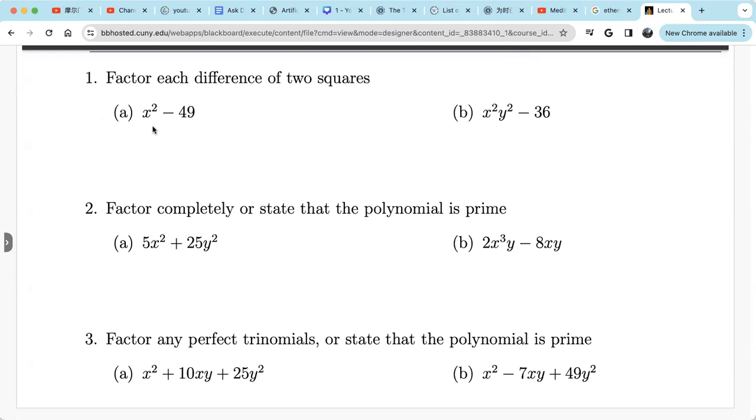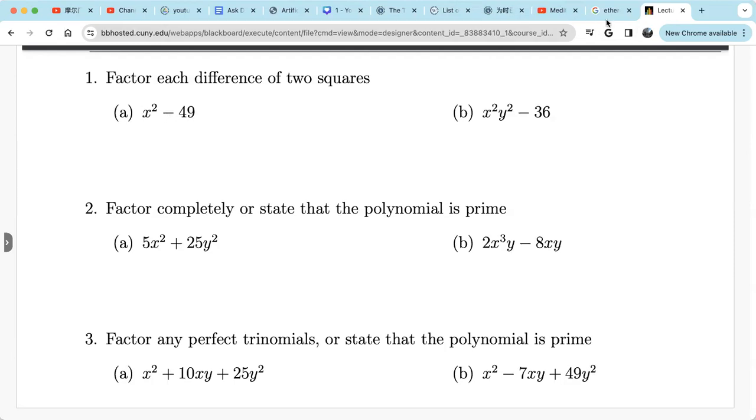So factoring. The first one is the difference of two squares. We see two terms and two squares, x squared and 7 squared, right? 49 is 7 squared, and it's subtraction. Subtraction is a difference, so that's why it gets named difference of two squares.